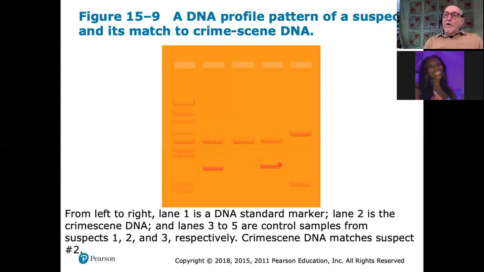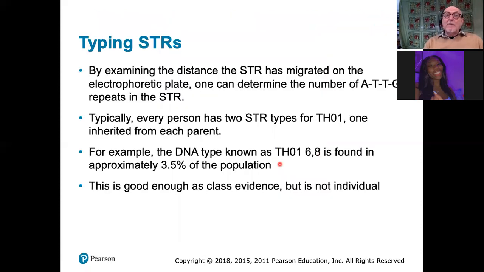Nonetheless, we can work out for the general human population, in this case, they had 6 and 8 that they determined. What proportion of population has that combination at the FO1 site? Only 3.5% of the population carry 6 and 8 as their combination.